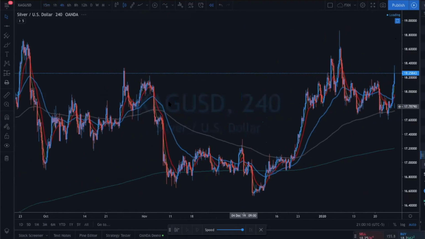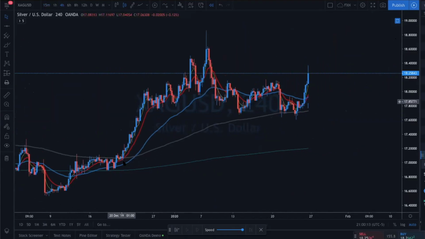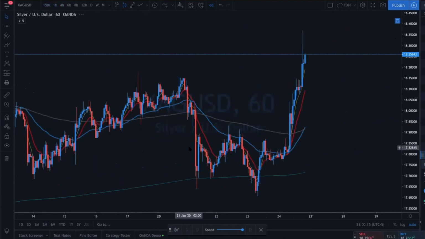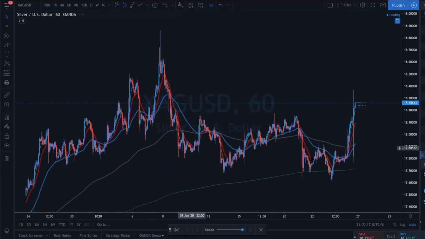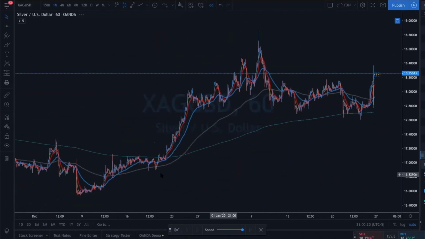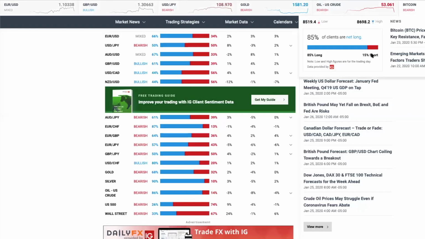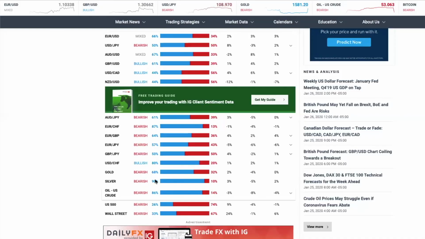What's the trend right now in silver? It's going up, right? An uptrend. Look at the EMAs. It's an uptrend. So you have 90% of people going long on it, only 10% going short.